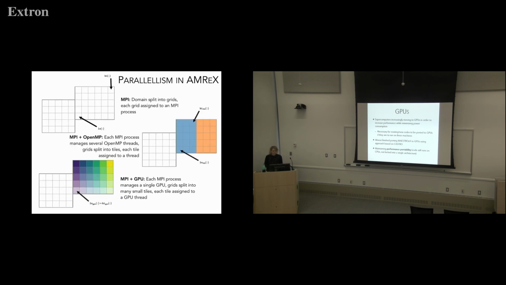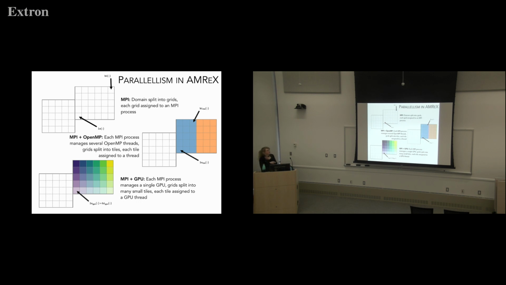I said that our codes are built on the AMReX framework, so I'm going to talk about how the parallelism is done in AMReX. If we just look at an MPI-based system, then we take our total domain and split it into grids, and each grid is given to a different MPI process.